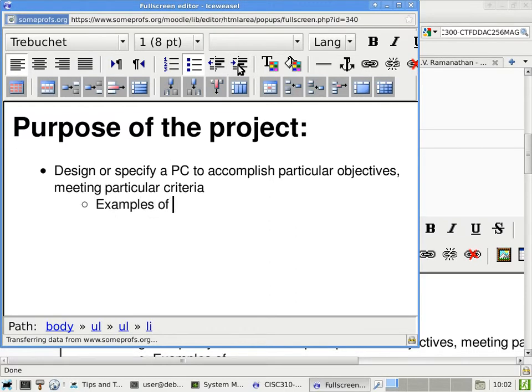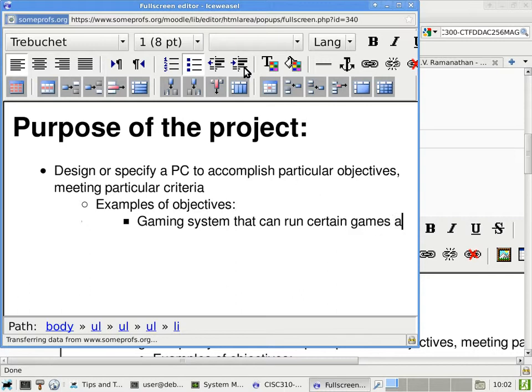Examples of objectives. A gaming system that can run certain games at certain resolutions at certain frame rates.